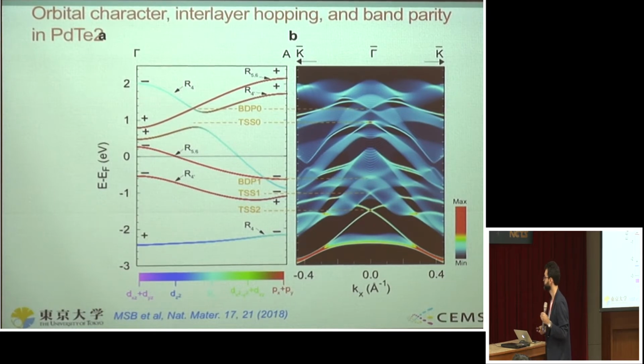band gaps here. And when you look at the surface band structure, you already see that you have either a topologically non-trivial surface state, or you have these bulk Dirac cones. And then one more thing is that actually you can have both type 1 and type 2 Dirac cones in the same system.